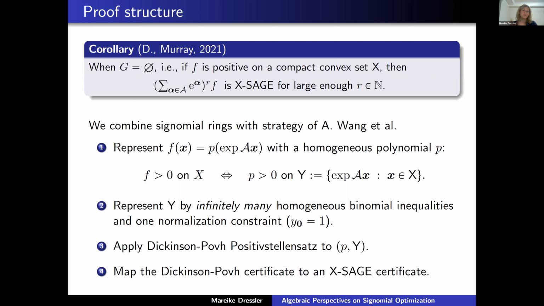Then we also need a reduction from a semi-infinite non-negativity problem to a finite one, but this is also nicely given. And then we map back to Signomials. So we come from Signomials, go to polynomials, apply some heavy algebraic geometry machinery there, and then we map back.